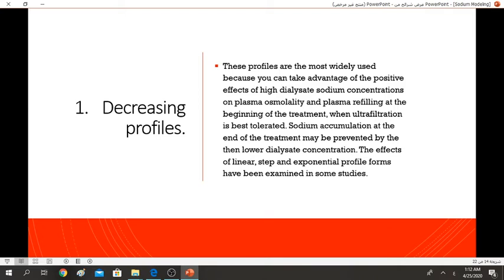When ultrafiltration is best tolerated, sodium accumulation at the end of the treatment may be prevented by then lowering dialysate concentration. The effects of linear, step, and exponential profile forms have been examined in some studies.